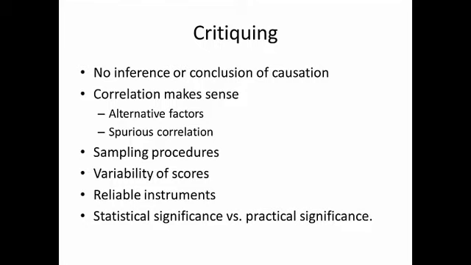In other words, as states spent more on education per pupil, the SAT scores went down. And this doesn't make any sense if you just look at it that way. It's counterintuitive. There's something else going on there.